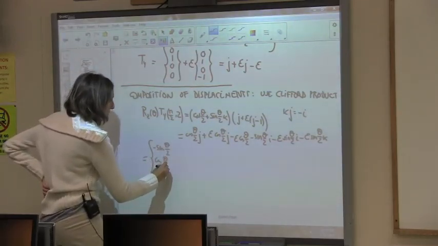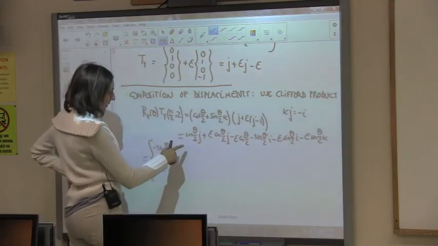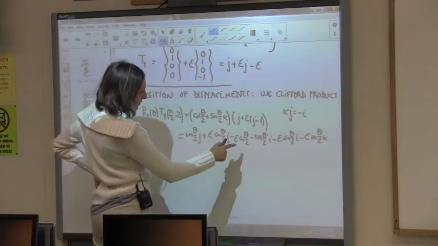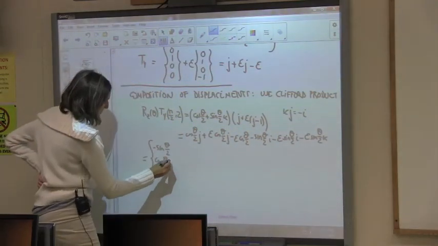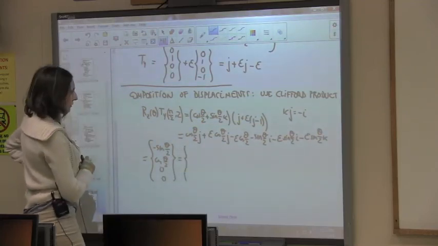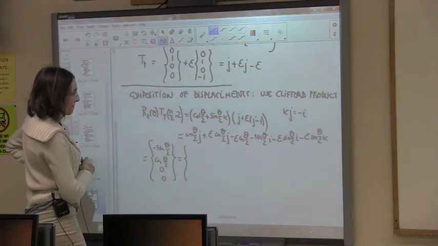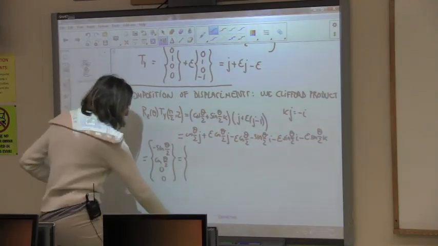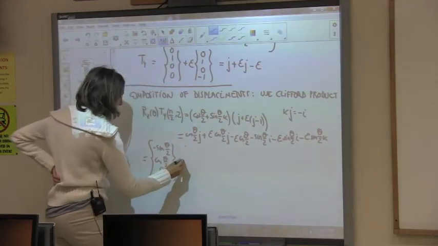So minus sine theta over 2, cosine theta over 2. We don't have a k which doesn't have an epsilon, right? 0, and then we have an independent term. We don't have an independent term. 0. Am I forgetting something? What about the k? Which k? The epsilon sine theta. Yeah, the epsilon is coming here. Sorry.